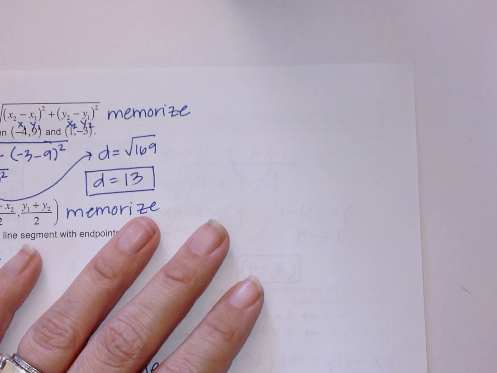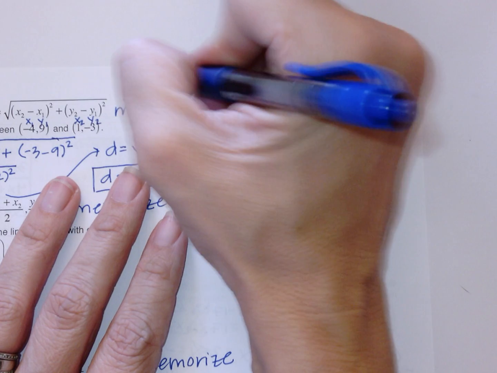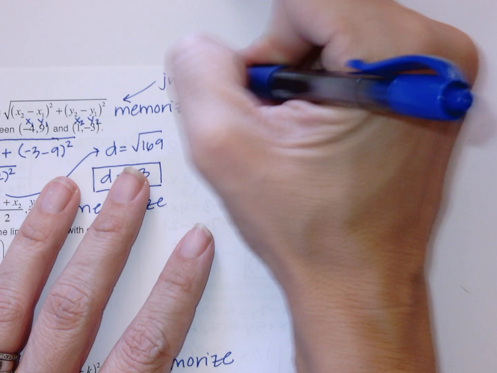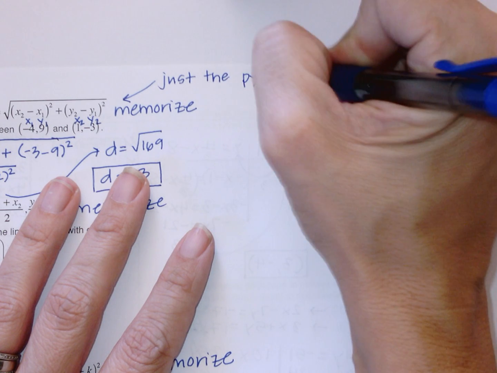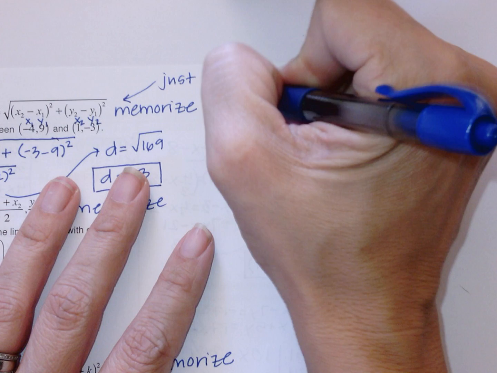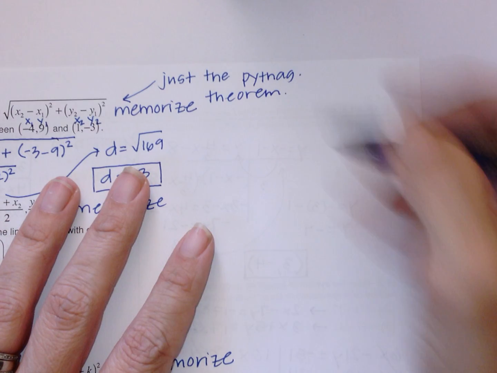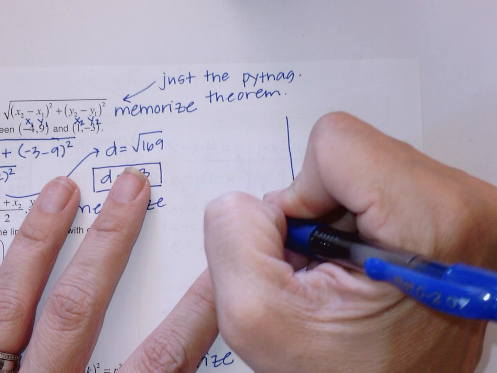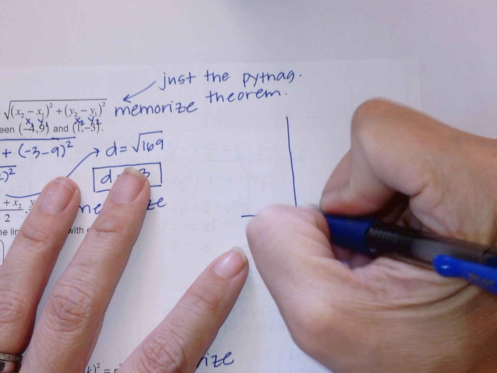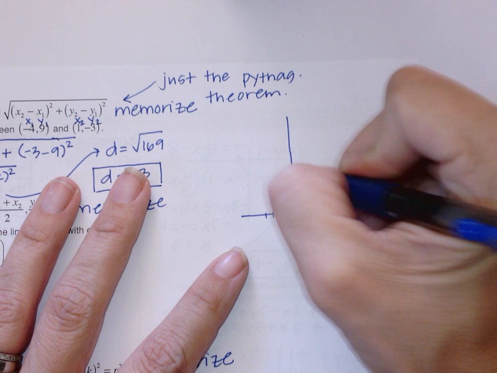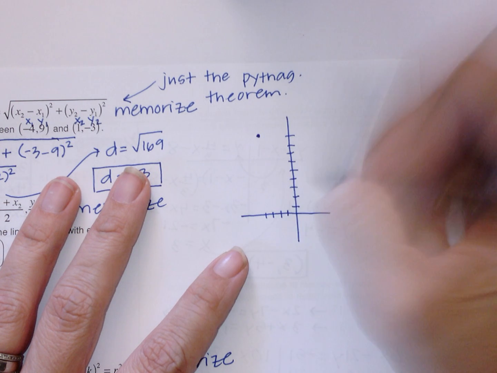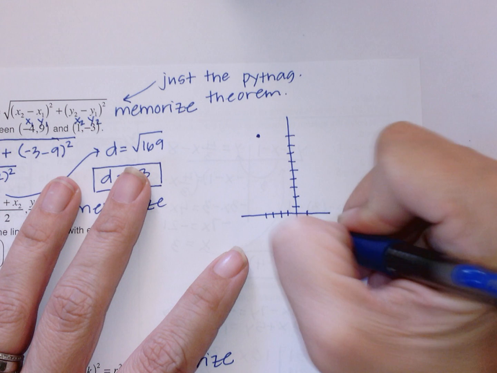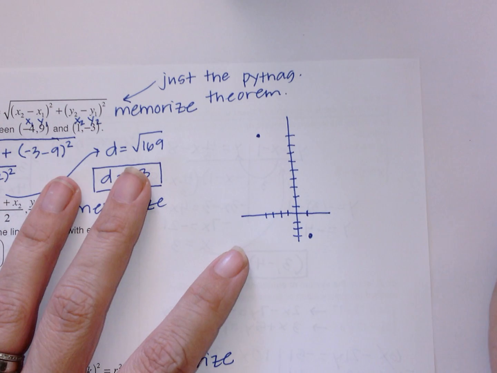Over here, I just wanted to point out that that equation right there is just the Pythagorean theorem. So let me show you what I mean by that. If I have a graph of these points, negative 4, 9 is here, and the point 1, negative 3 is here.